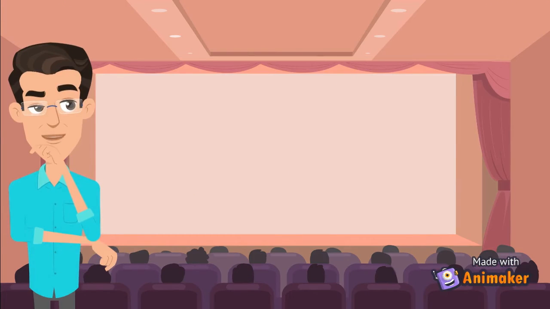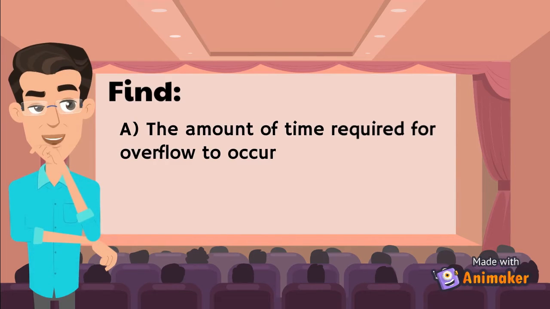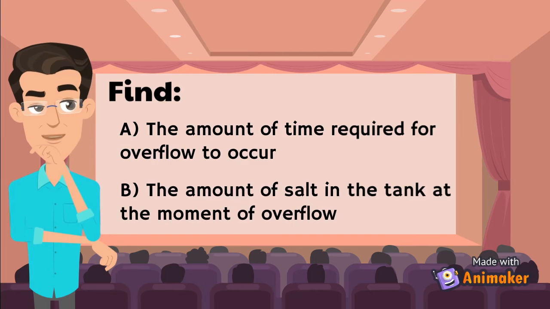From the question given, we need to find A, the amount of time required for overflow to occur, and B, the amount of salt in the tank at the moment of overflow.